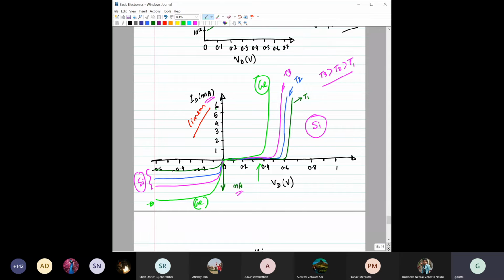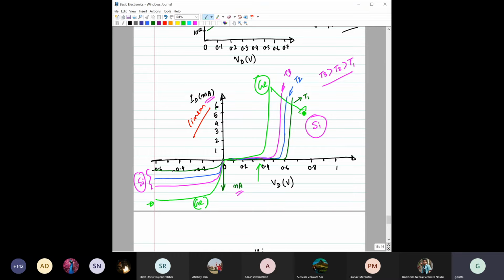So people thought of moving from germanium to silicon. You can see from the perspective of these two different materials why there is a shift from germanium to silicon.